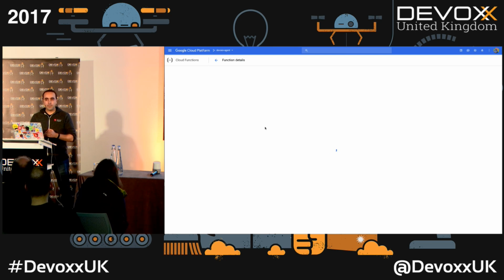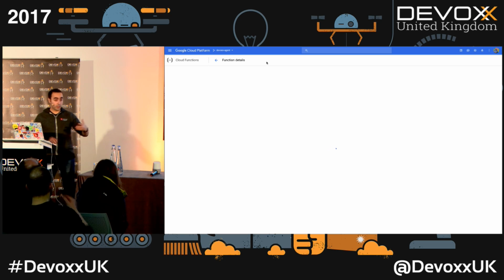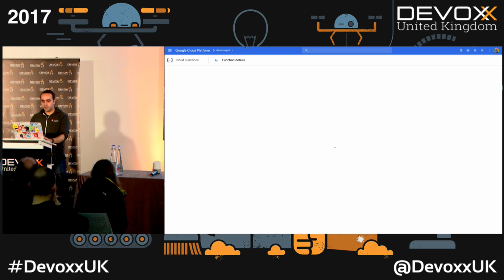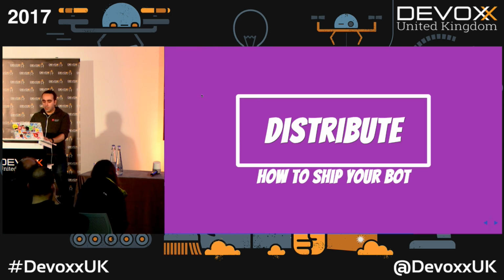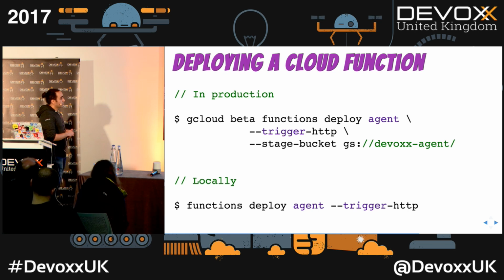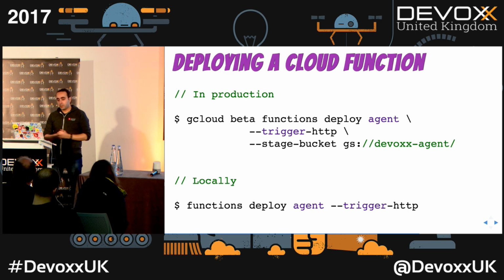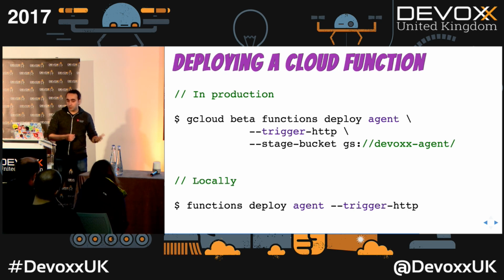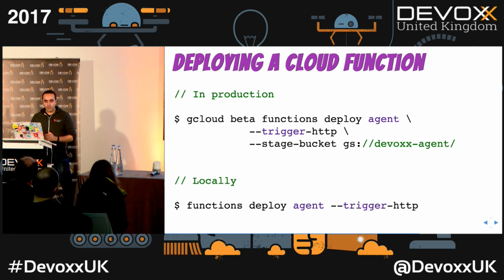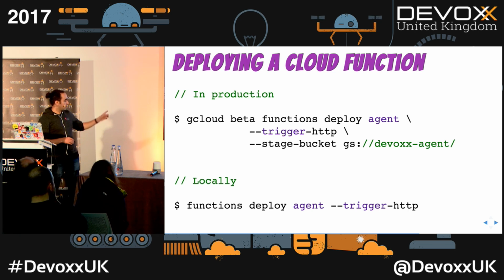If you configured your function to be triggered using HTTP calls, just hit the URL and it will run your function. To deploy the function in production, you can use the command line with the Google Cloud tool, or if you're developing locally, you can use the functions emulator.